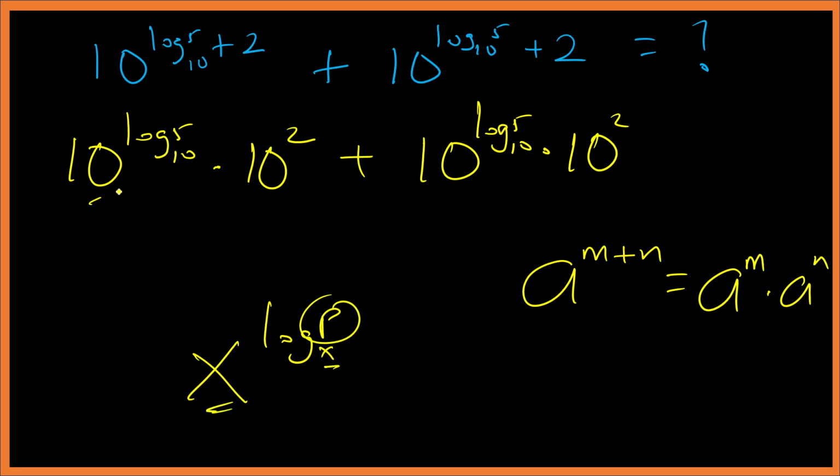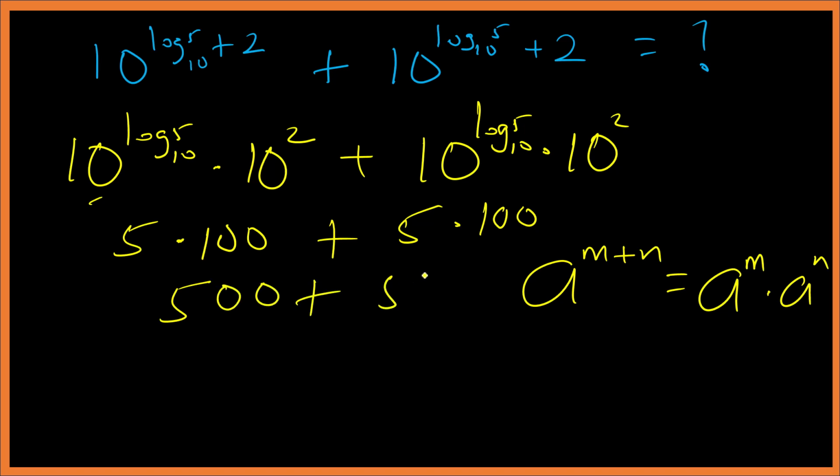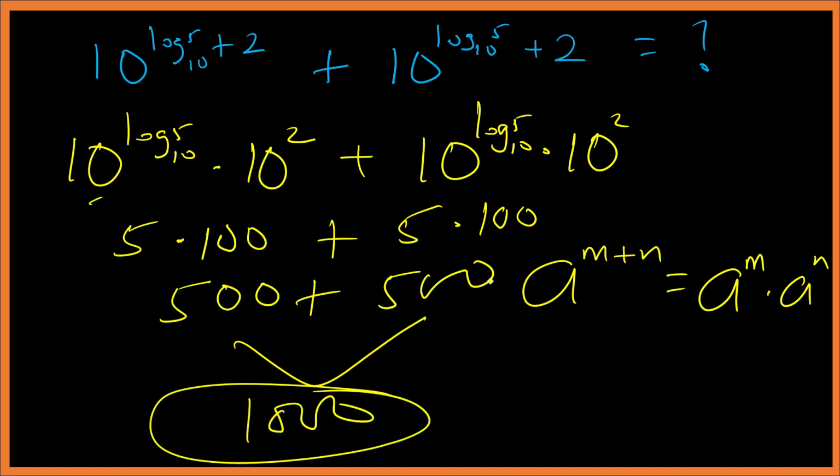So with this, we have 5 times 10 squared, which is 100, so 5 times 100 is 500, plus 500, which will be 1000. Hence proved.